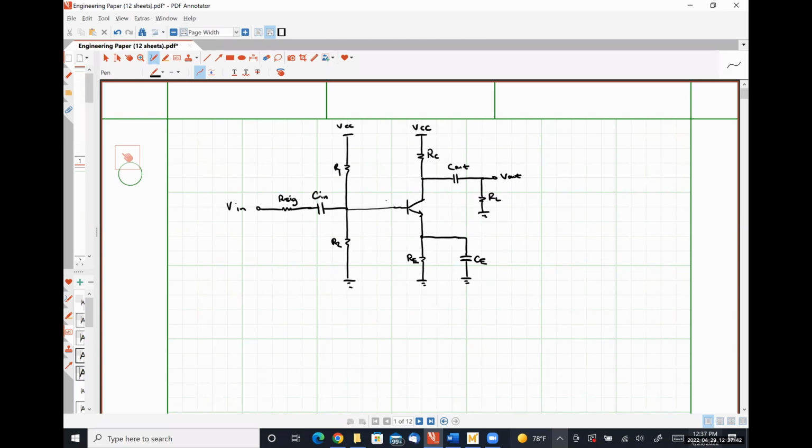So I'm going to call my base node Vx, my collector node Vy, and I'm going to call this guy Vz or V out, either way, because they represent the same thing. Okay.